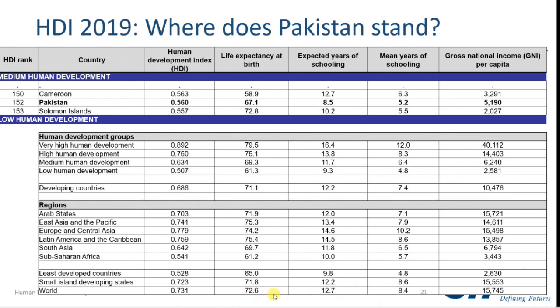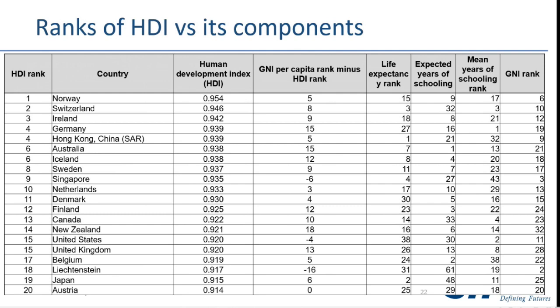So this average is supposed to be higher, but even as compared to the relatively comparable countries, Pakistan is not doing very well. We can see it from these numbers. Okay, so in terms of ranks, on the left side you see the HDI rank 1 to 20. Now this is the Human Development Index that we have seen already.